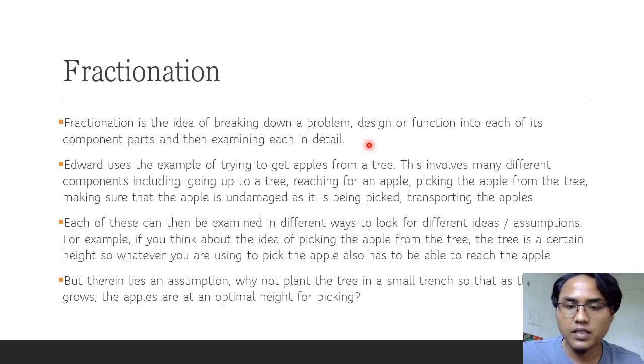Why not plant the tree in a small trench so that as the tree grows, the apples are at the optimal height for picking?